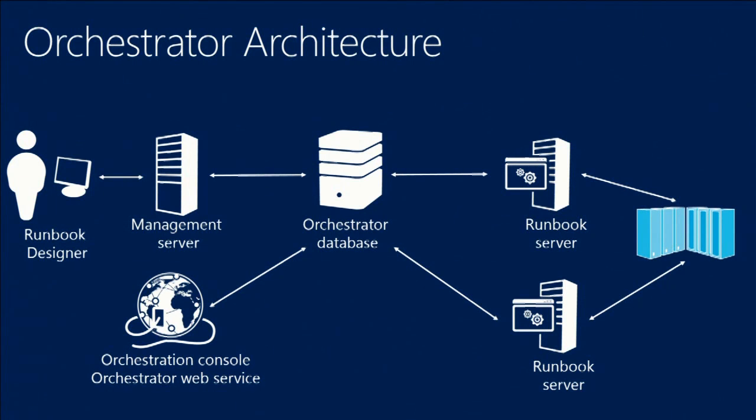But the way to think about this is that if you tell your Hyper-V environment to create 10 new servers, there will be no load on the runbook server. It's the Hyper-V servers working. So that's the blue servers here. And so it's very seldom that you actually put any load on the runbook servers.